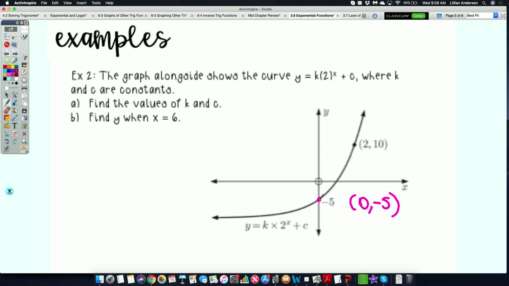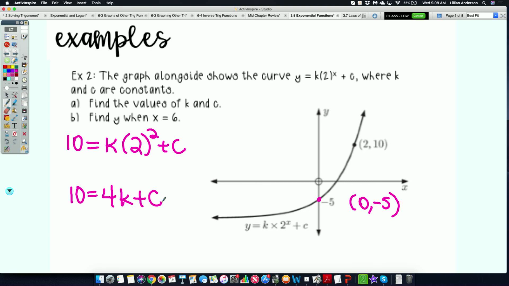So we're going to use that 2, 10. We're going to plug 2 in for x and 10 in for y. So that gives us 10 equals k times 2 to the second power plus c. 2 to the second power is what? 4. So really and truly, we have 10 equals 4k plus c.